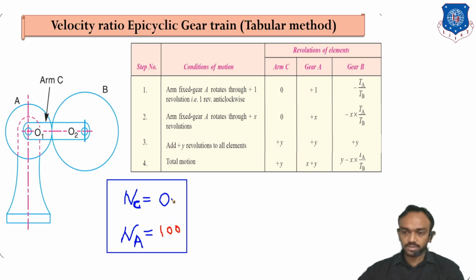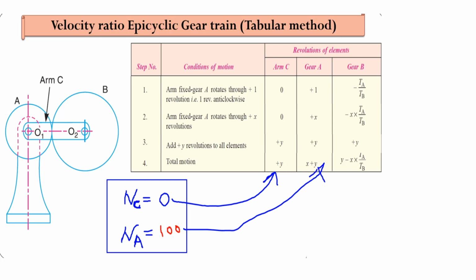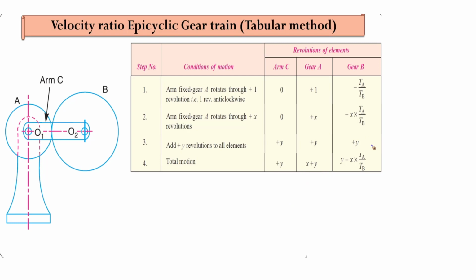We will compare this data with our table, and what will we find? We will find x and y. Using these 2 data we will find x and y, and after you find x and y, you can find the RPM of any element in our system. Okay.